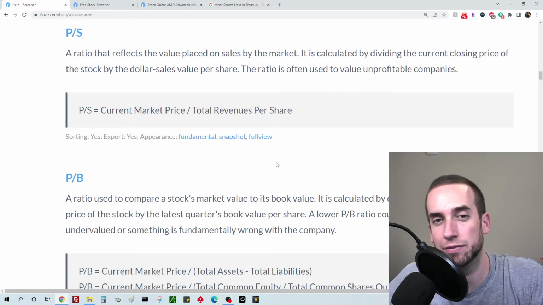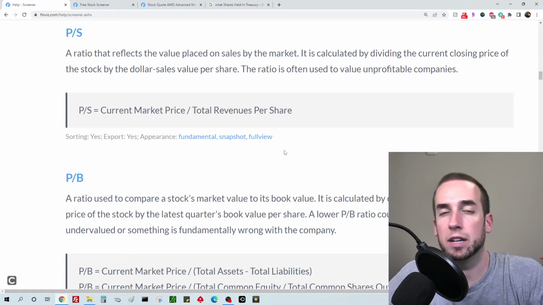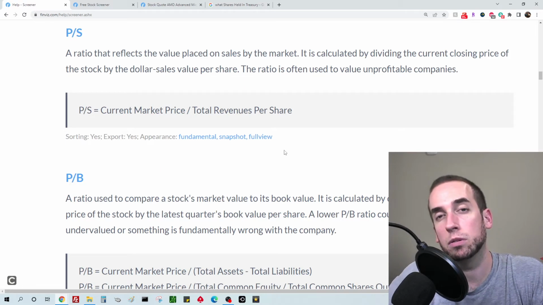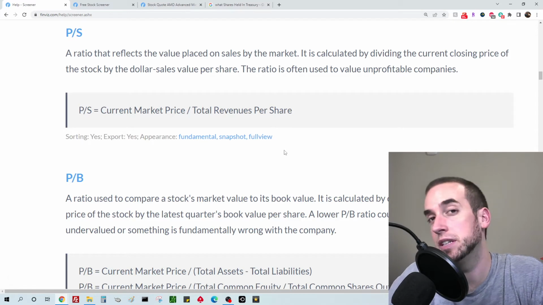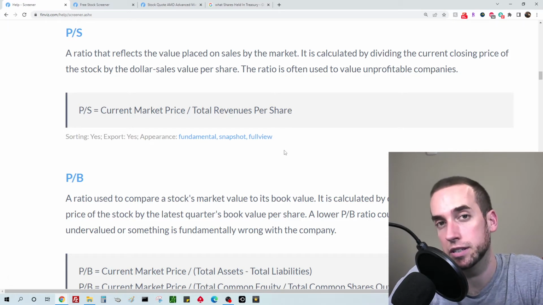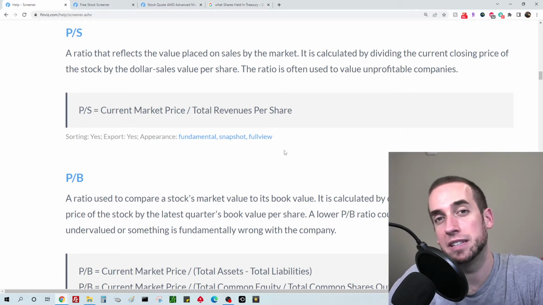Again, this is often used to value unprofitable companies. We are not going to be messing with companies that aren't profitable. Yes, there might be some biotech sprinkled in there that do have promising data. Those are very risky, and please consult with a professional. But we will not be messing with unprofitable companies outside of that.